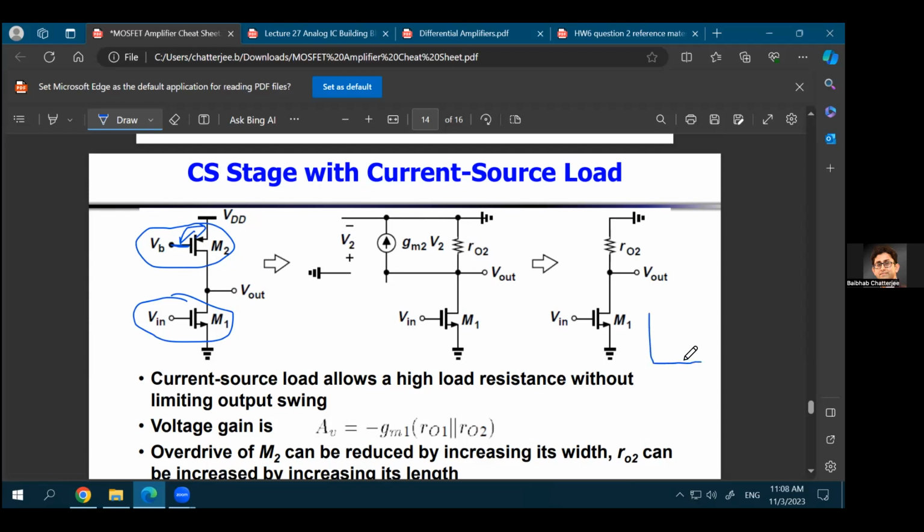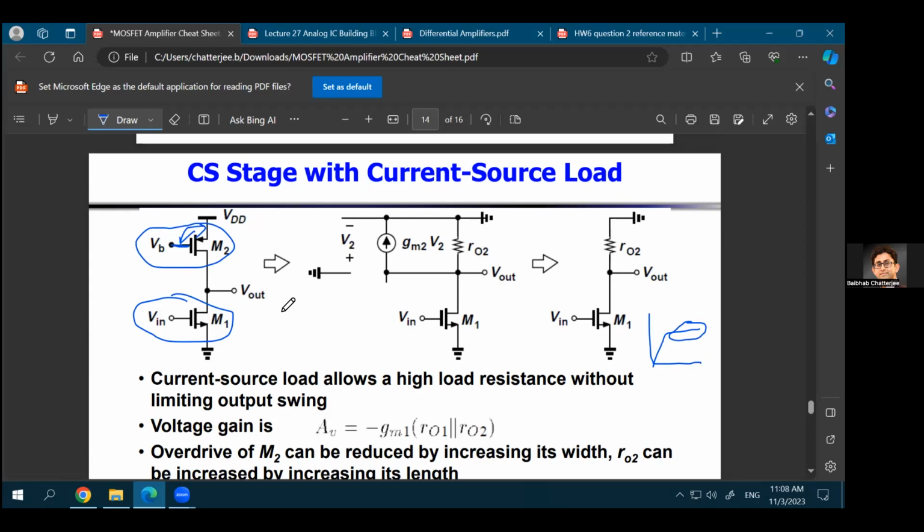And remember what is the property of the transistor when it is in saturation? It will provide a fixed amount of current. So a transistor in saturation works as a current source, right? And if you don't consider the non-idealities, if you don't consider the lambda for a moment, a transistor in saturation works as a fixed current source.